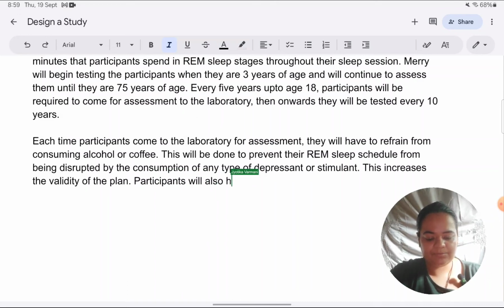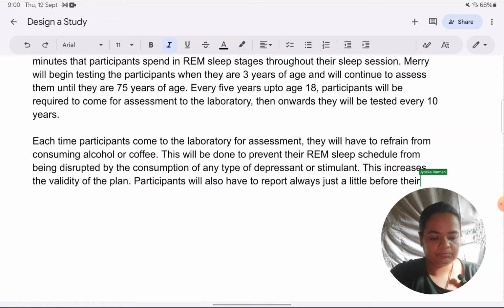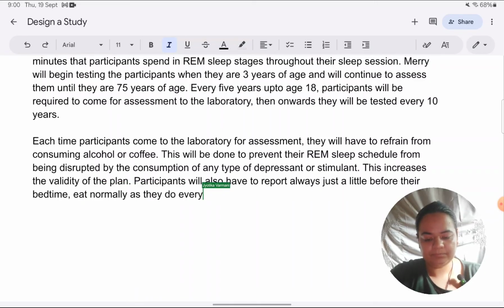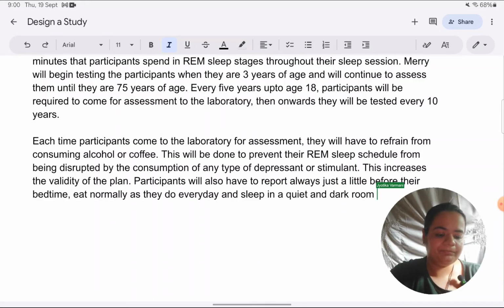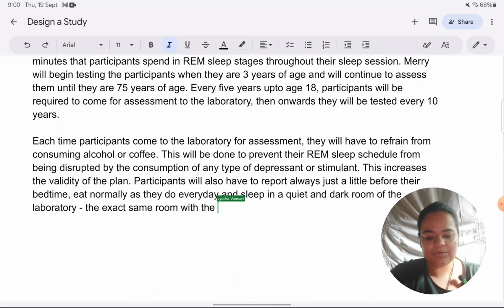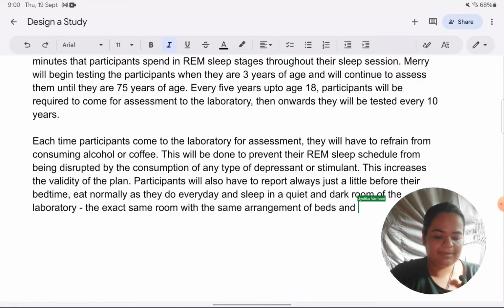will also have to report always just a little before their bedtime, eat normally as they do every day, and sleep in a quiet and dark room of the laboratory, the exact same room with the same arrangement of beds and EEG equipment every time.